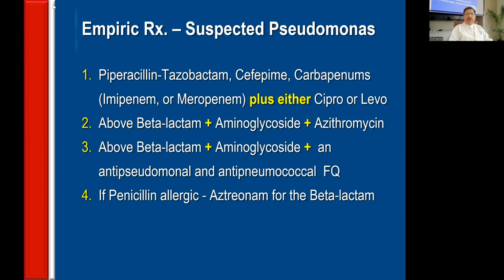Or cefoperazone tazobactam combination, or any other carbapenem, imipenem, meropenem, plus either cipro or levo. That is a beta-lactam antibiotic to which Pseudomonas will be sensitive, like piperacillin tazobactam combination, plus the fluoroquinolone, cipro, levo, or gati. Second option is the above beta-lactam, plus an aminoglycoside you can bring in, which you have not put in the group, because this is reserved for special people.